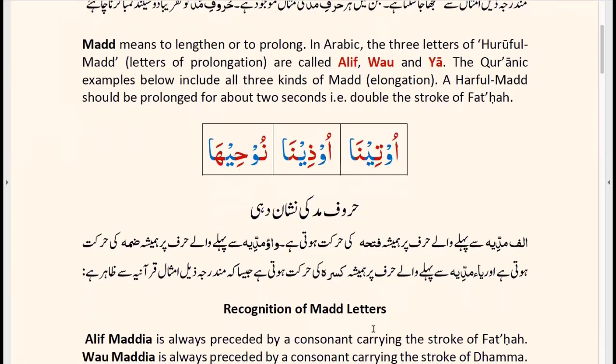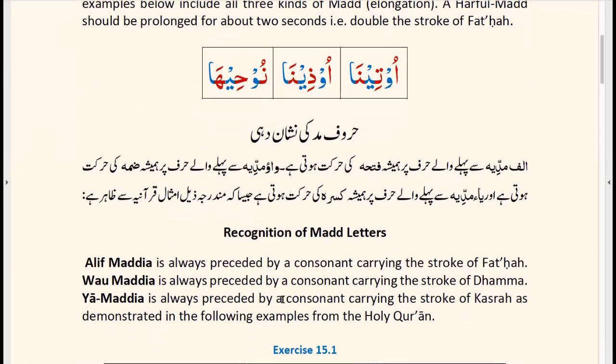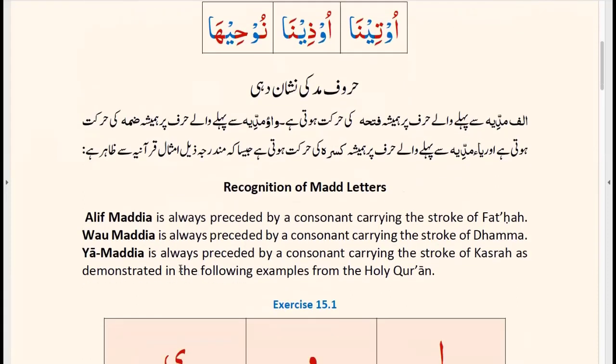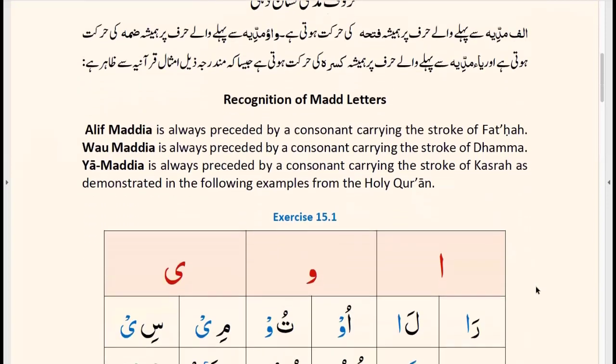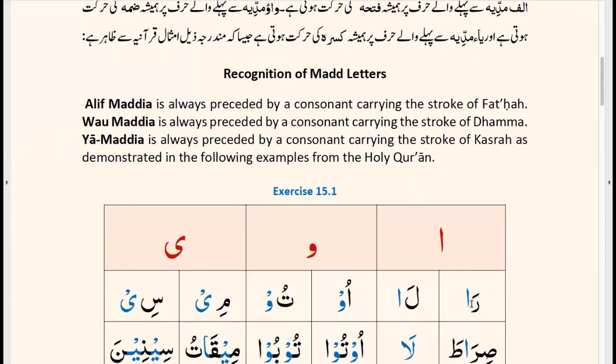Now, let me explain what Alif Madiyah is, and we will only be covering Alif Madiyah today, and we will be covering the rest of the 2 letters tomorrow and day after tomorrow. Right, so Alif Madiyah is always preceded by a consonant carrying the stroke of fatha, right? So what does that mean? Alif Madiyah here.